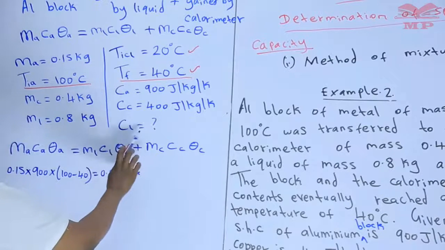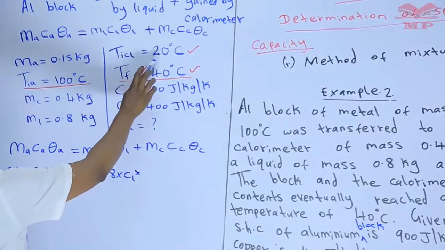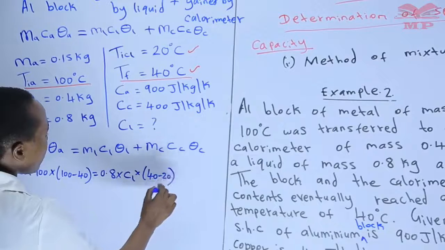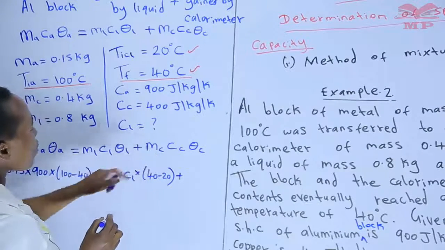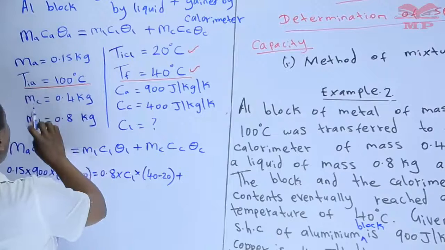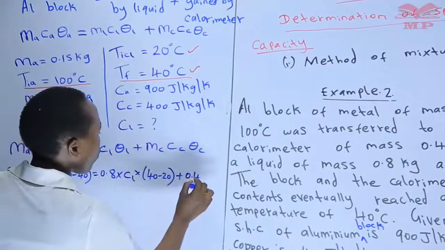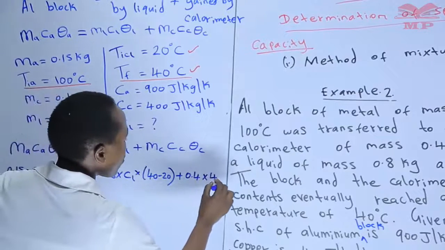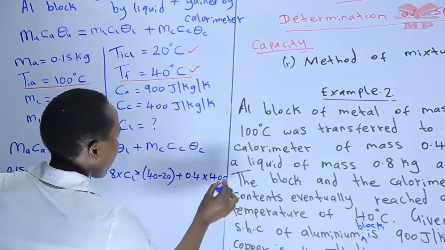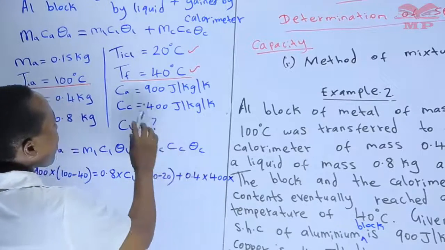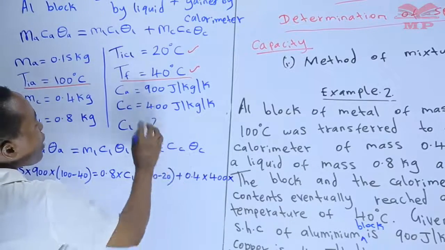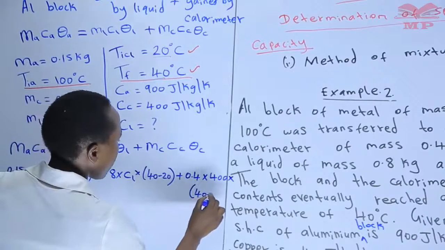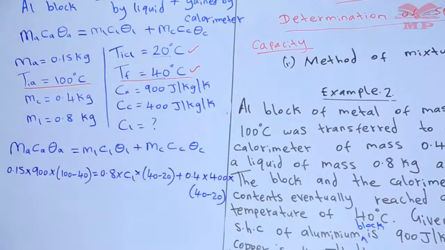Change in temperature for the liquid: initially it was at 20, final is 40, so it will be 40 minus 20. Then plus mass of the copper calorimeter, which is 0.4, times the specific heat capacity of the calorimeter, which is 400, then multiplied by the change in temperature. Temperature of the calorimeter is also changing from 20 to 40. So it is 40 minus 20. And that's what we have.